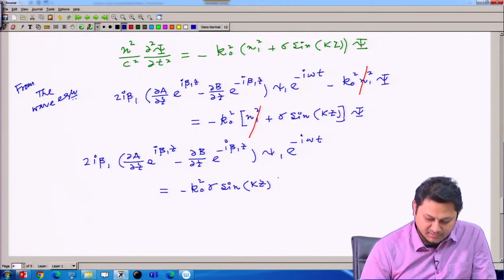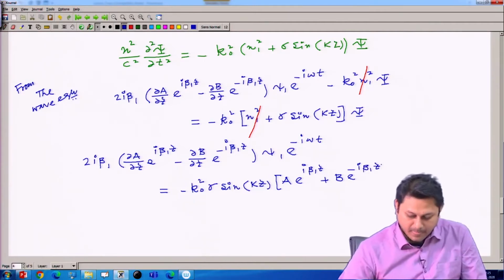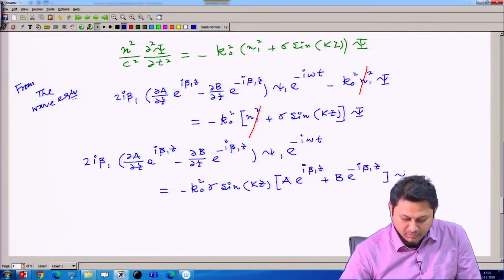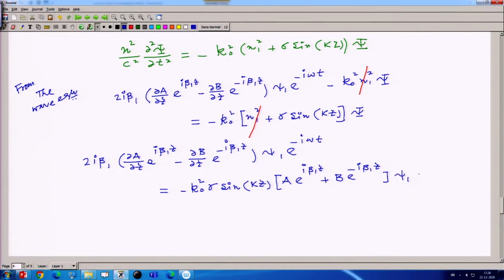So, I just write down the big psi once again with its form. It should be A e to the power of i beta 1 z plus B e to the power of minus i beta 1 z, bracket close, psi 1 and e to the power of minus i omega t.